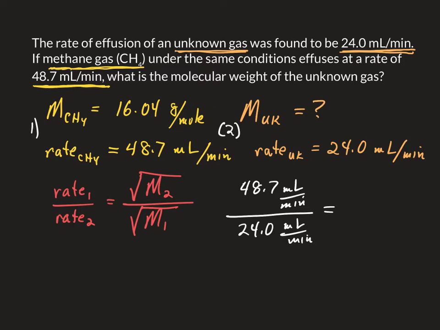That's going to be equal to the square root of the molar mass of the unknown, because that's 2, and we don't know that, divided by the square root of the molar mass of methane, which is 16.04 grams per mole.